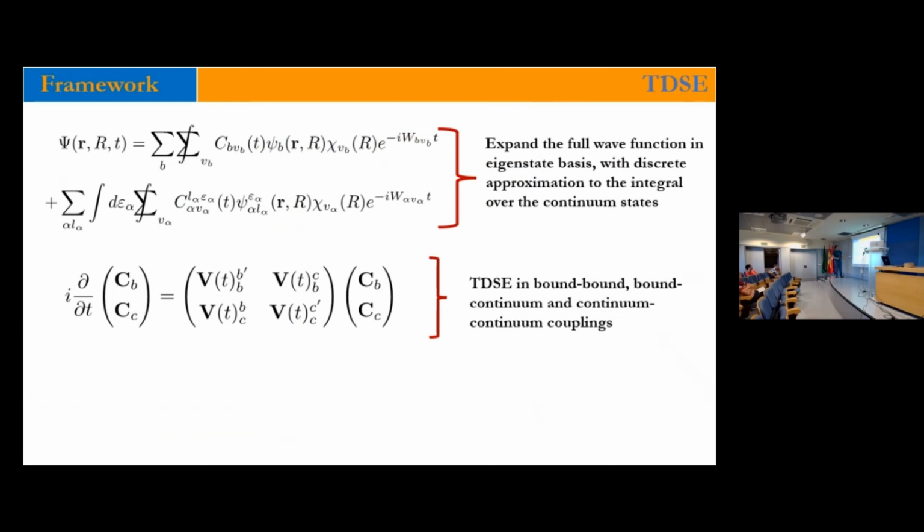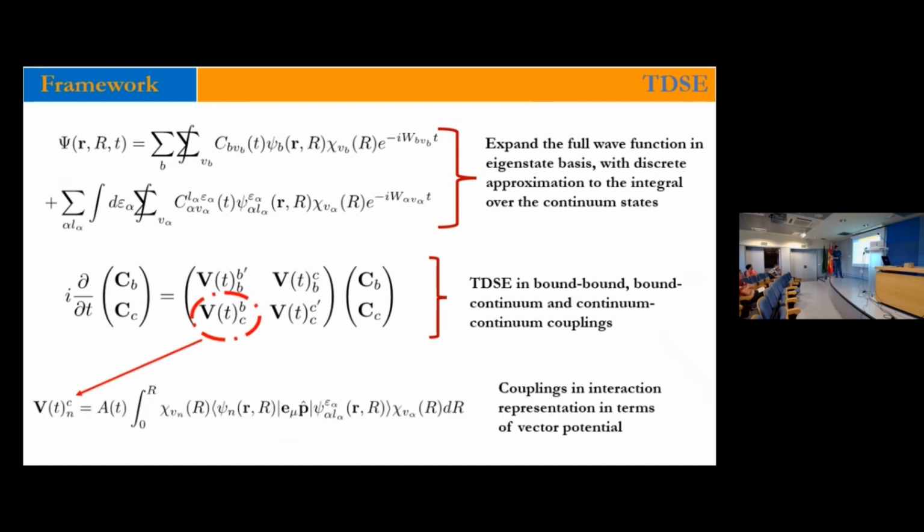So we have this expansion, we plug it into the time-dependent Schrödinger equation, and what you get is a system of linear differential equations, which is pretty simple to solve once you have the Hamiltonian. These blocks are just the coupling between bound states, bound-continuum, and continuum-continuum, in case that your photon ionizes the molecule.